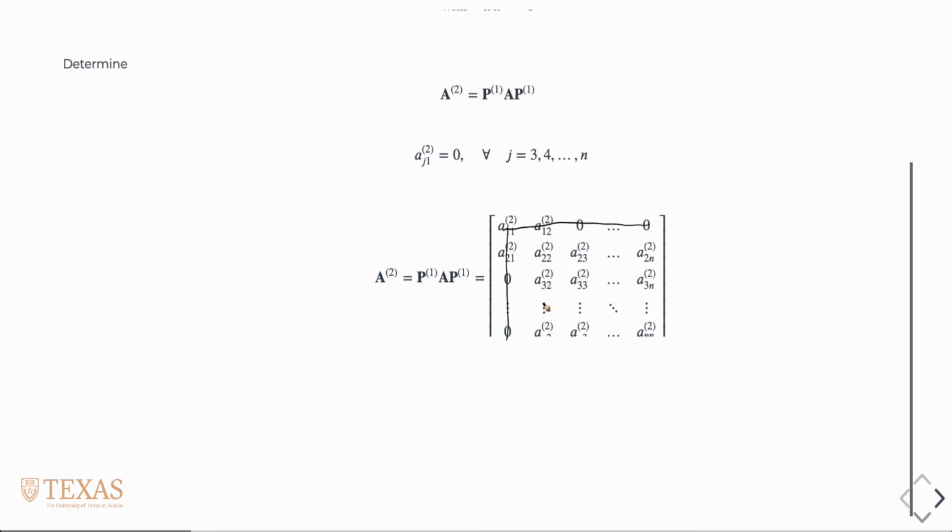We'll continue to get zeros, then ignore those and apply the transformation again and continue. Eventually, after k iterations, the matrix will become tridiagonal. So we continue these transformations, and ultimately we end up with a tridiagonal matrix.